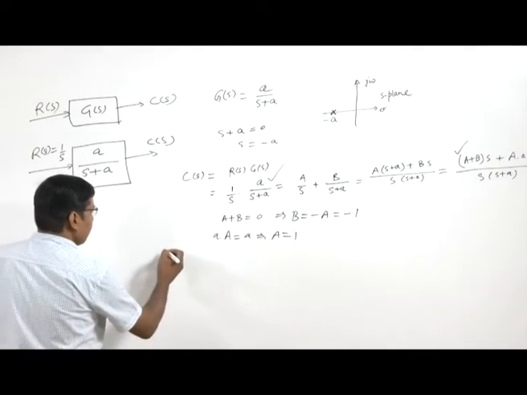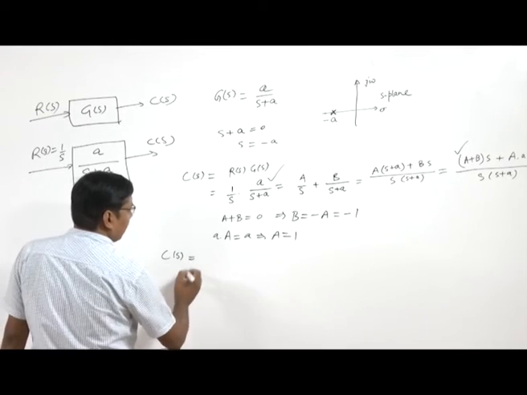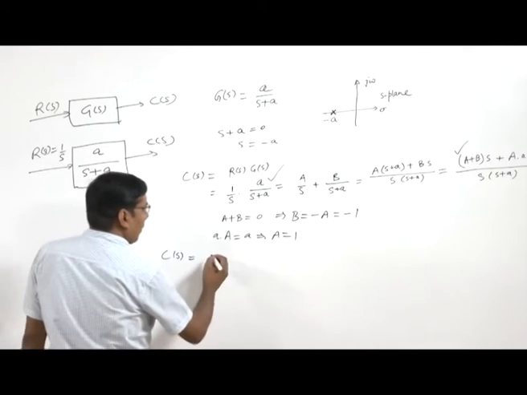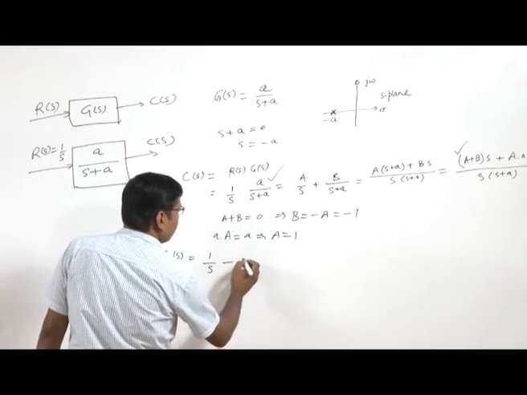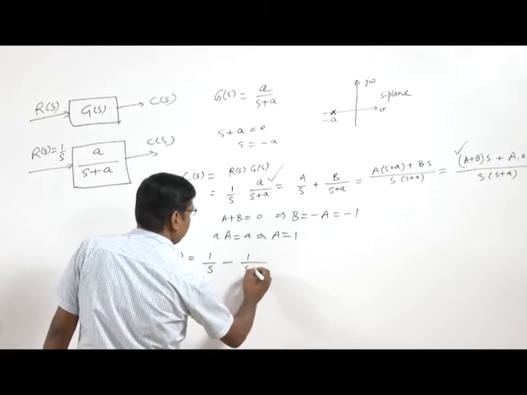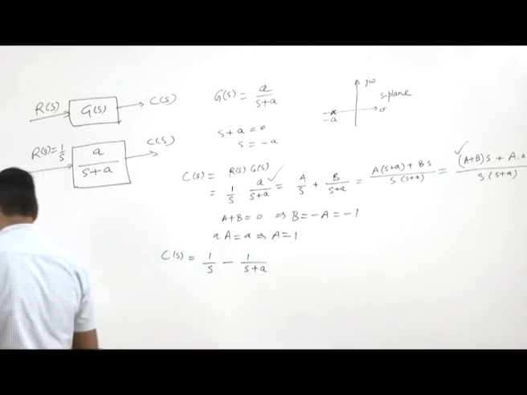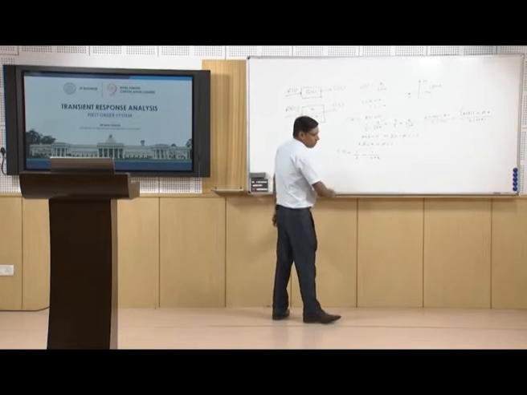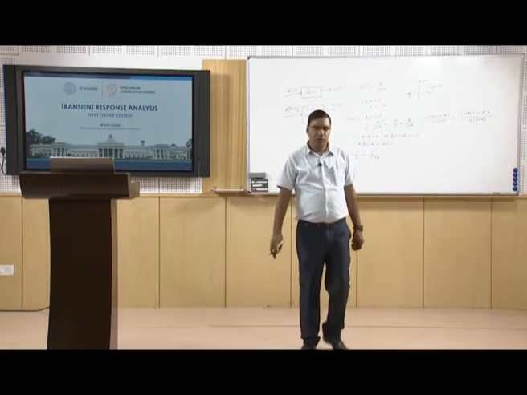So we can write C(s) equal to 1 upon s minus 1 upon s plus a. Now we take the inverse Laplace transform of this.